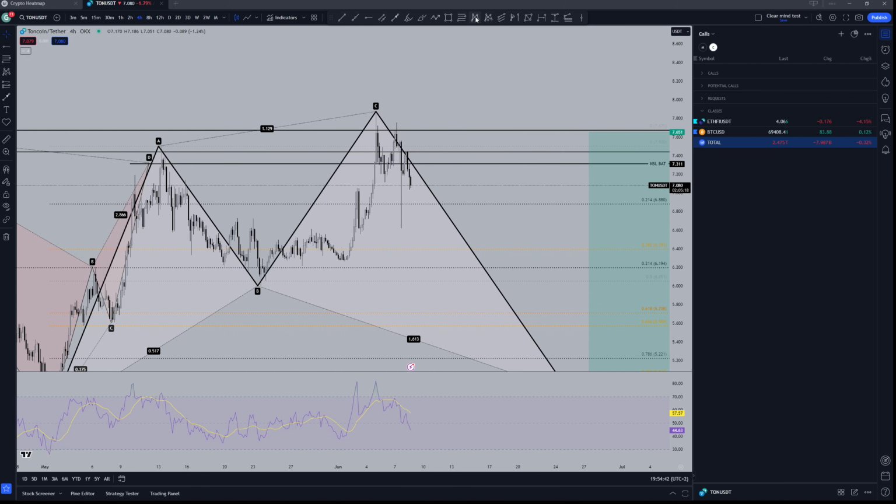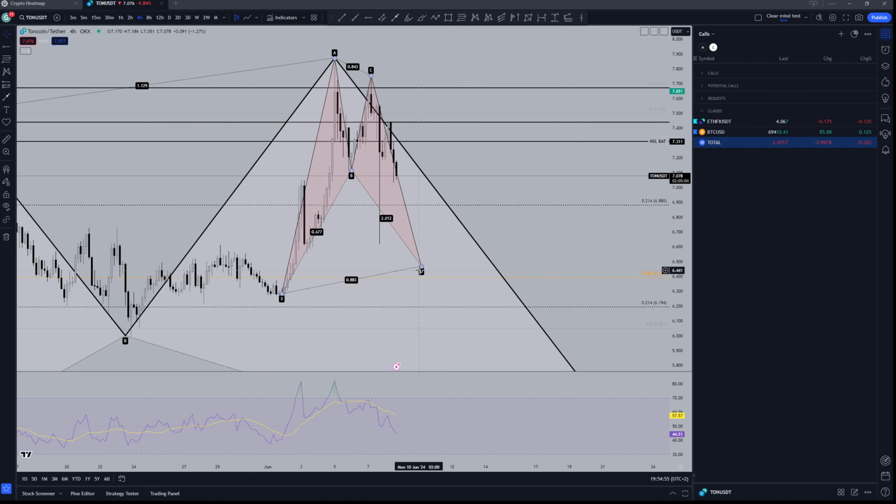Then we would probably have something up here as well. Yeah, so you would have a Bat here as well.